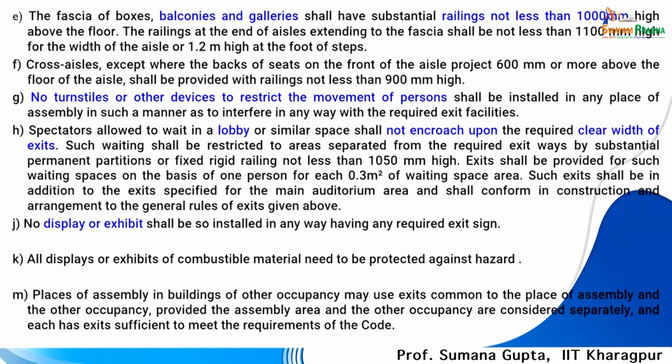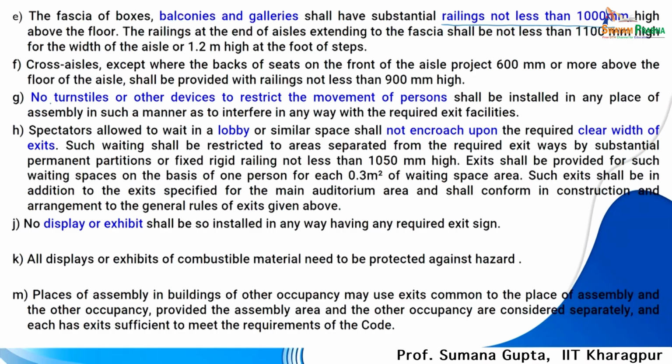So, automatically the concept of balcony or gallery will be coming, and there you see the railing height not less than 1000 millimeter high should be provided. So, safety in case of fire in that area, people should not come out of that area, and that is why such heights are also mandated. So, following each and every item is required.